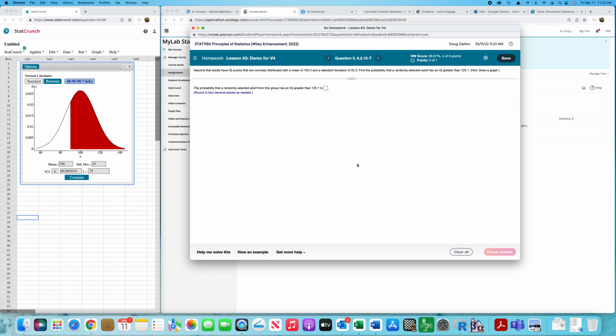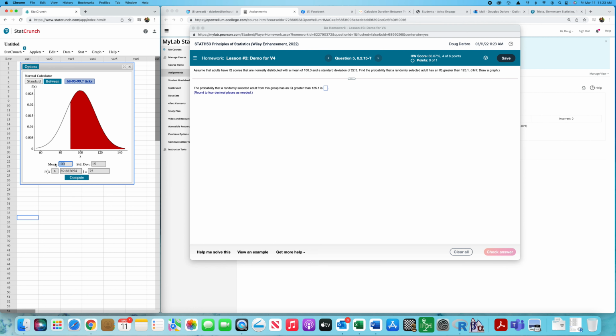All right. Assume that adults have IQ scores that are normally distributed with a mean of 100.3 and standard deviation 22.3. Find the probability that a randomly selected adult has IQ greater than 125.1. Again, easy problem.